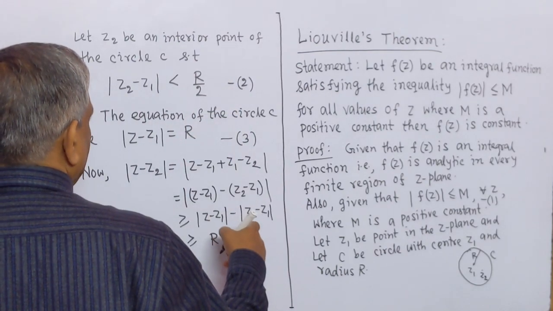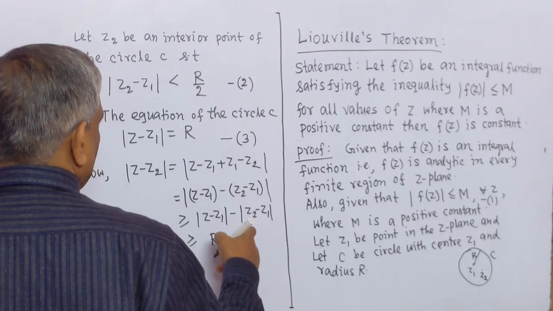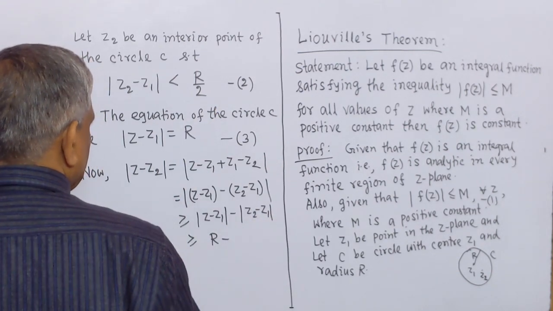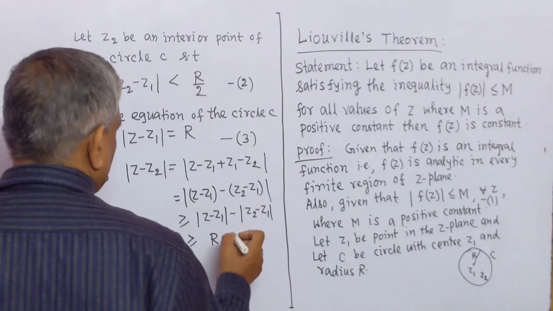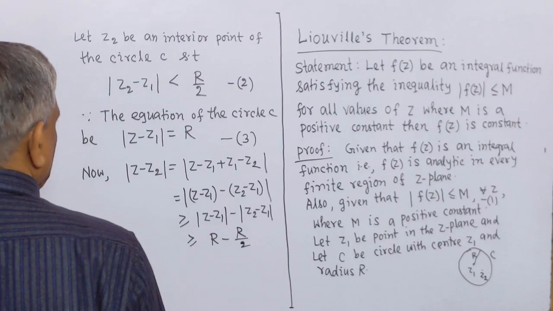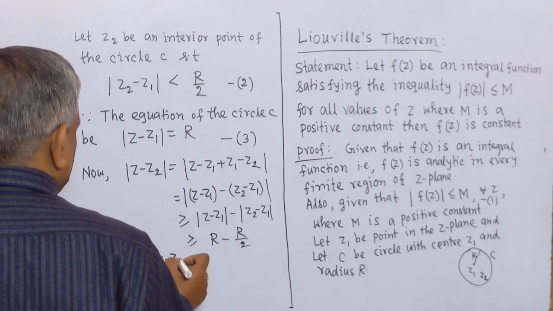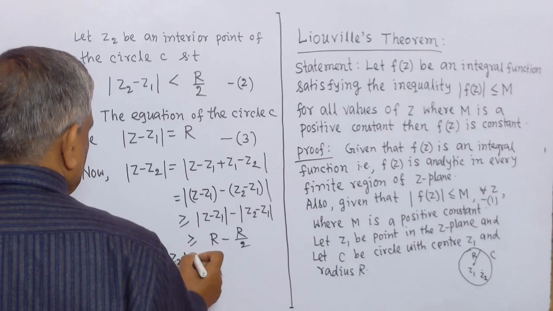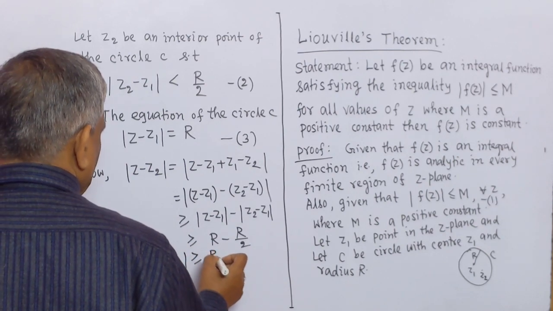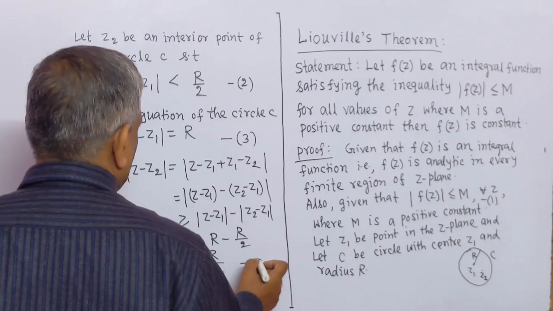If here we put the greater quantity, this side will be larger. So this is r by 2. It implies that modulus of z minus z2 is greater than or equal to r by 2. This is number 4.